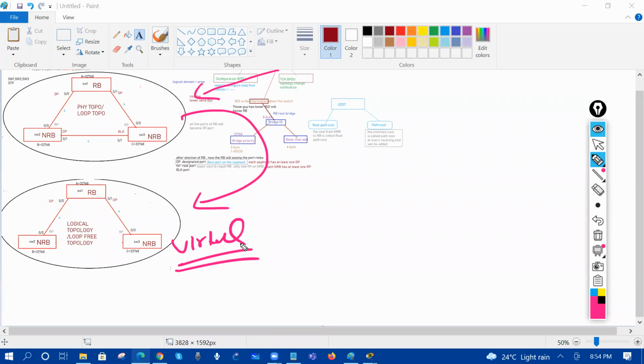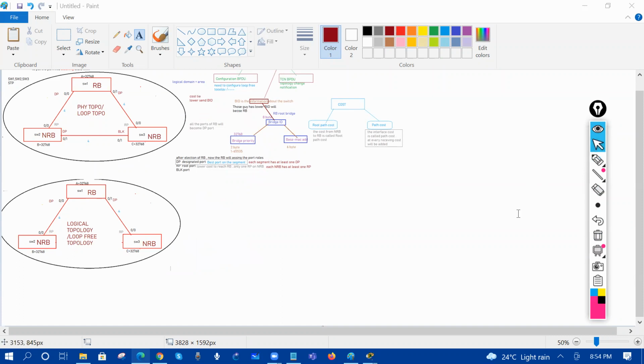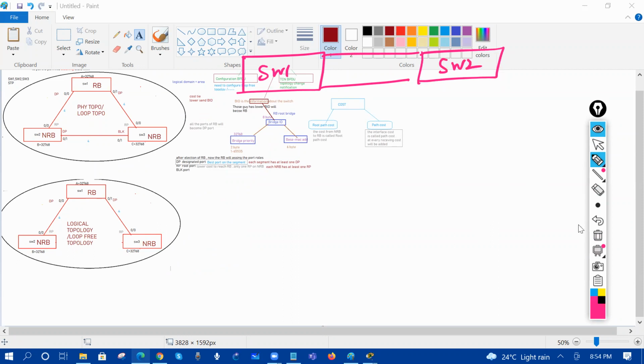Understand one thing. Take an example. If you have a topology like this, switch one, switch two, and this guy will become the root bridge, right? Because this guy has A plus 32768 and this guy has B plus 32768.